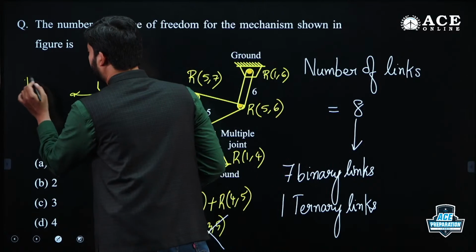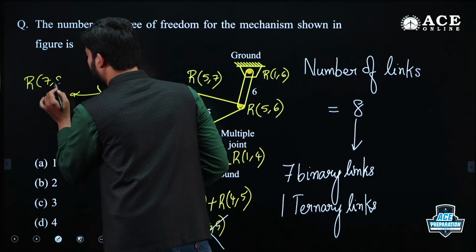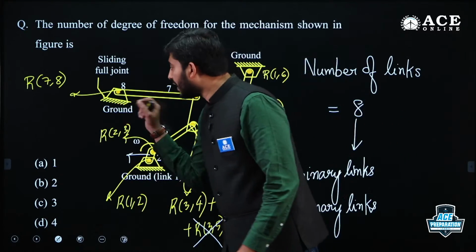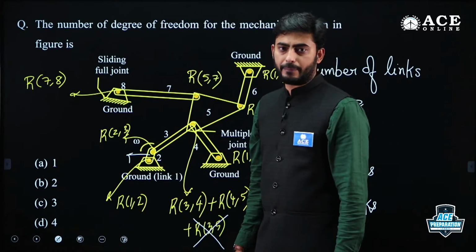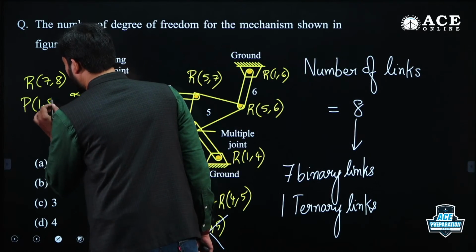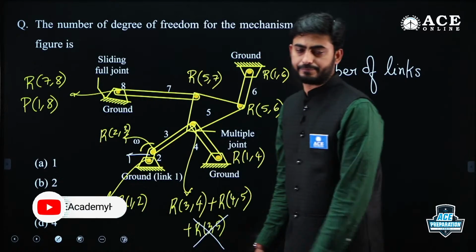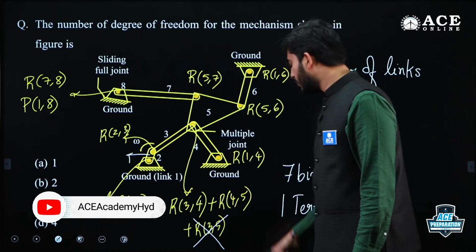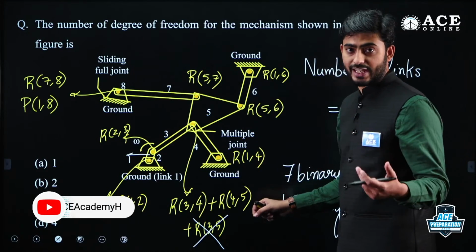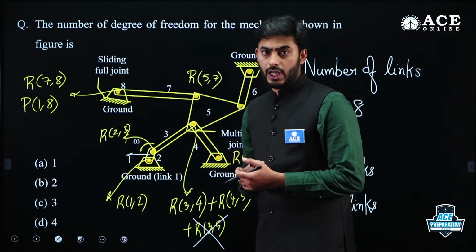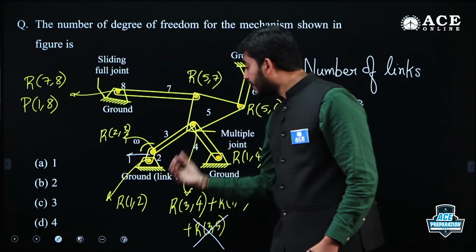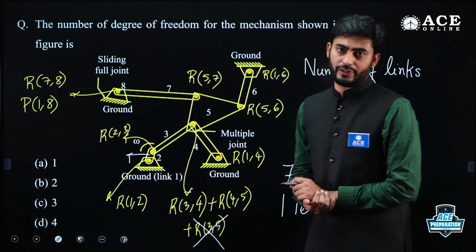Between 8 and 1 there will be a prismatic joint. I hope you guys are clear with the counting of joints as well as with the link numbering. Especially, students commit mistakes when they count the number of joints.